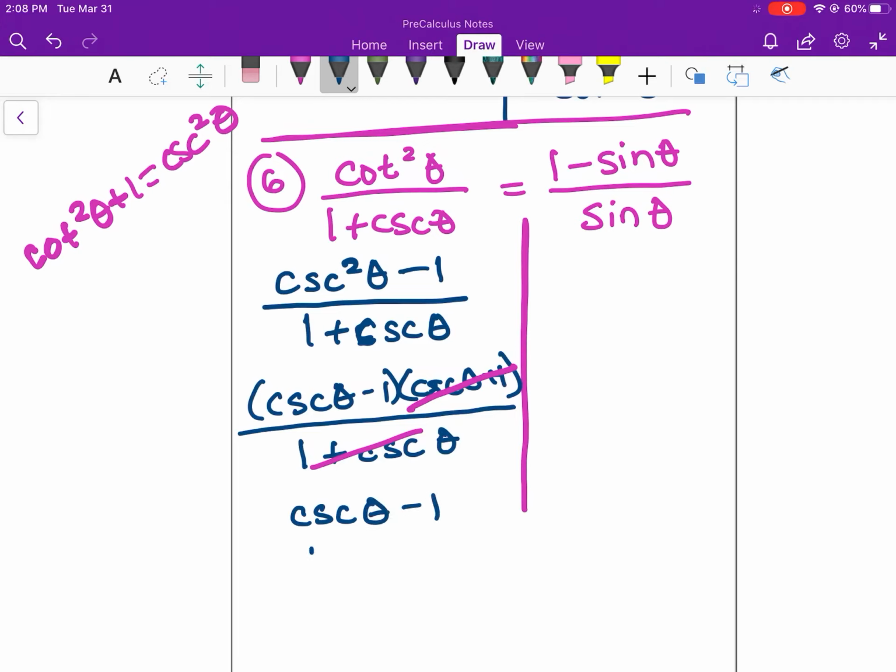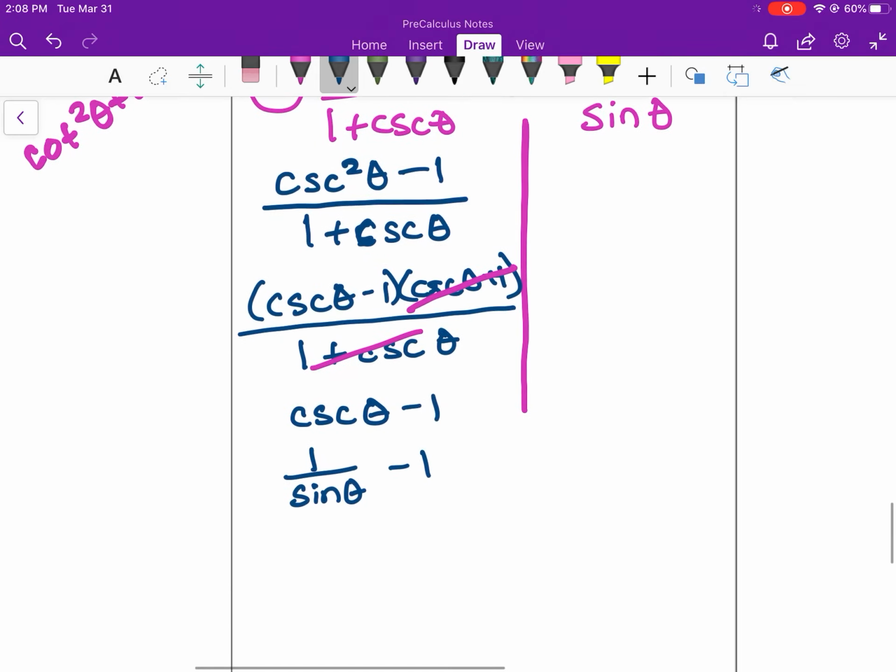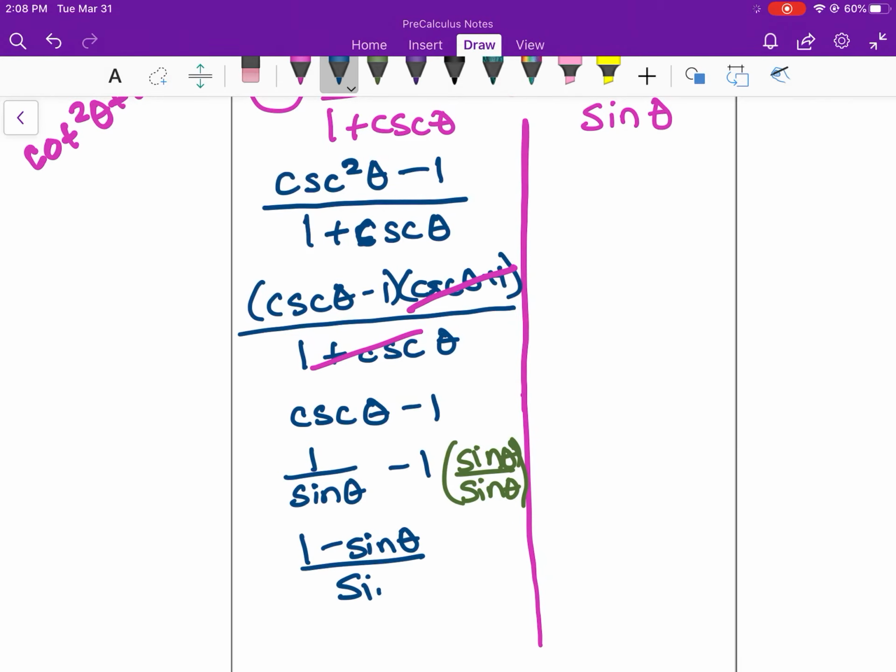So that is 1 over sine theta minus 1. And I can get a common denominator by multiplying this by sine over sine. And I believe that's all it took.